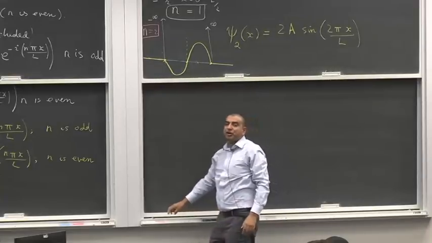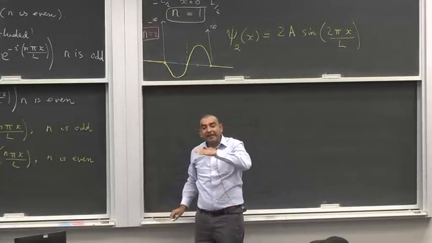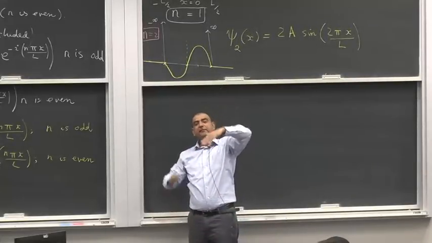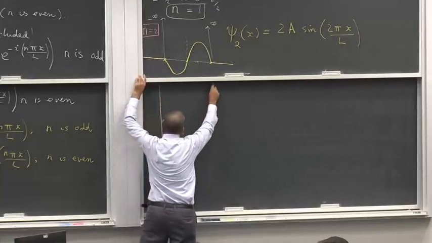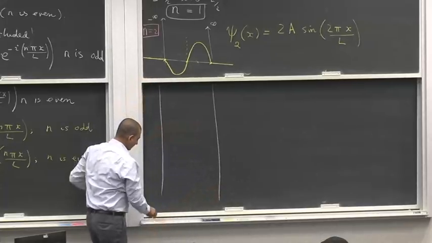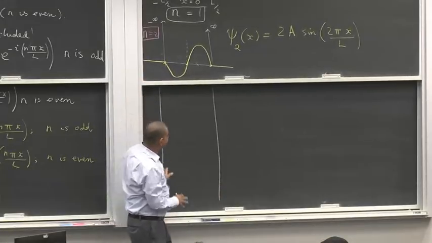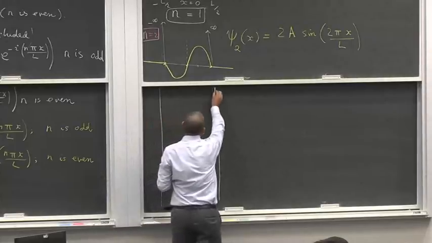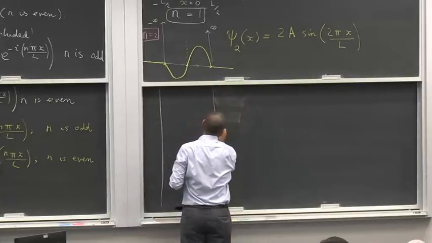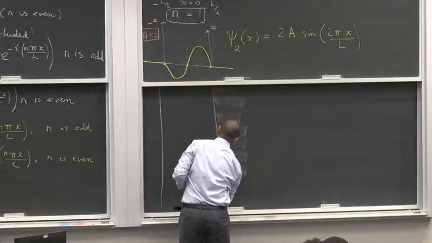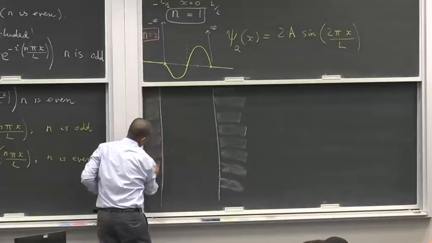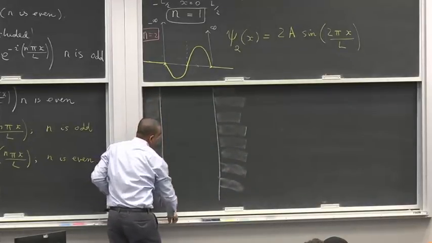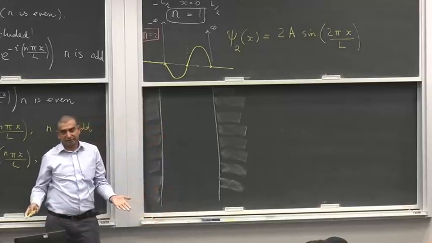So now let me draw the wave functions for n equals 1, 2, 3, 4, and a few of those. I'm going to plot all of them on the same diagram. Okay, so this is the well, this is the forbidden region here, this is the other forbidden region, and I'm just going to draw the wave functions.